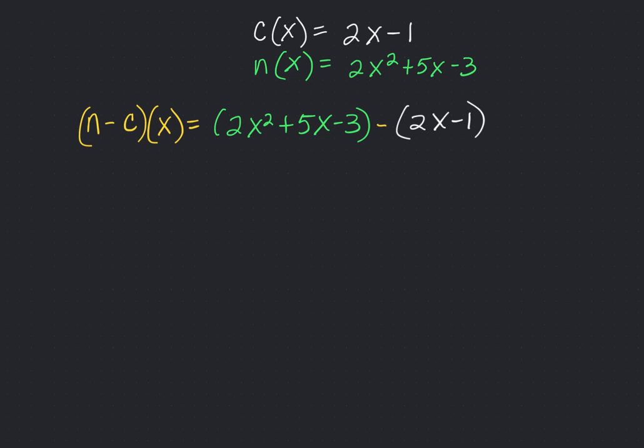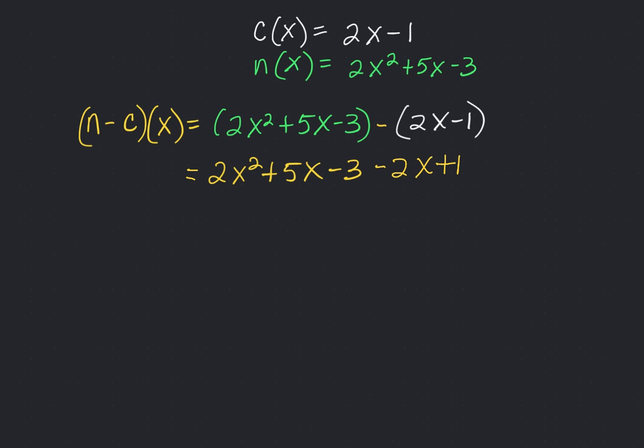So that's going to become 2x squared plus 5x minus 3. Our first part of this does not change at all, and I'm not multiplying by anything out here. So I'm just going to go ahead and distribute that negative. I'll get negative 2x plus 1.